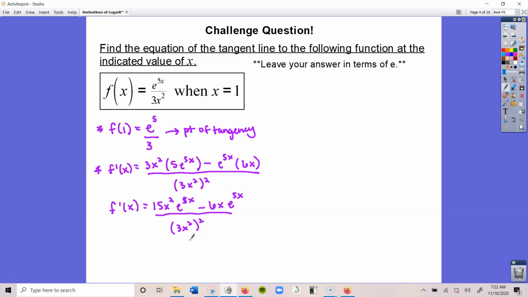You can apply the exponent, you can leave it like this, it's completely up to you. But since I'm just going to plug in a number, I'm not going to bother simplifying anymore. I'm just going to look for that number. So now we're going to do f prime of 1.